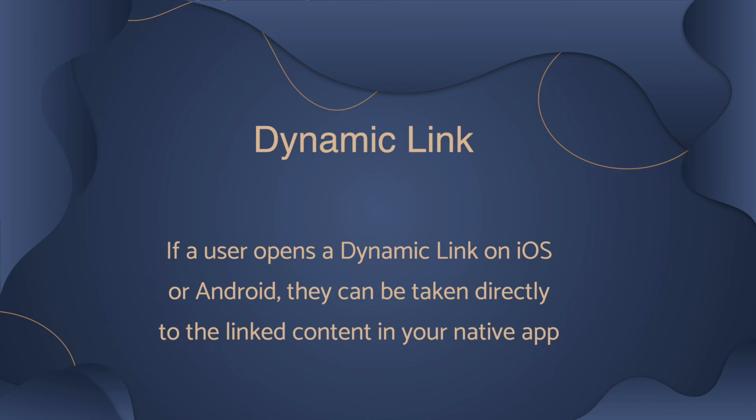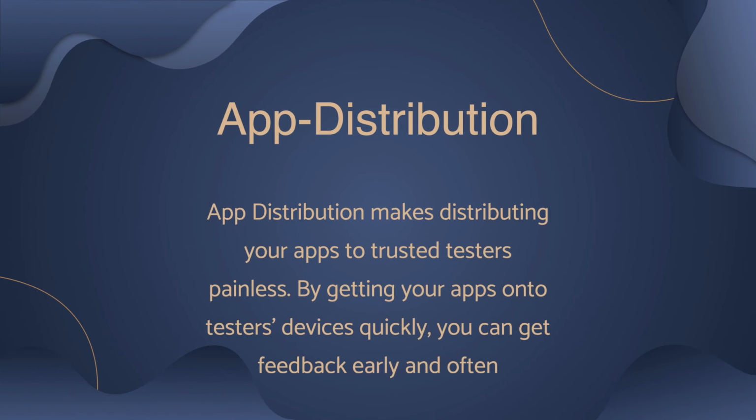And we can say the major challenge during deployment or testing is app distribution. App distribution makes distributing your apps to trusted testers painless. By getting your apps onto testers' devices quickly, you can get feedback early.